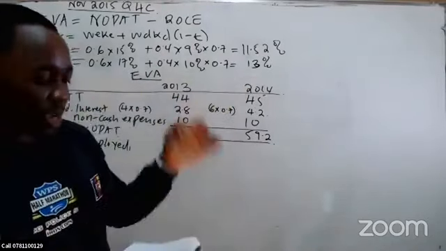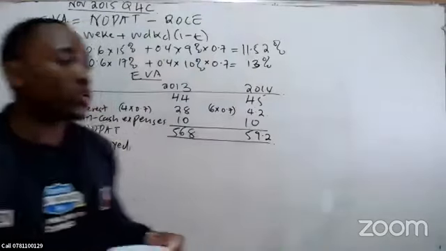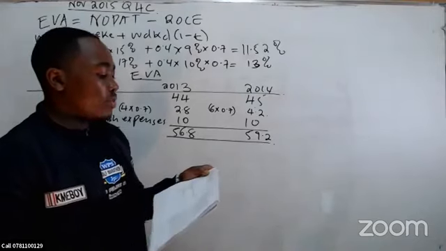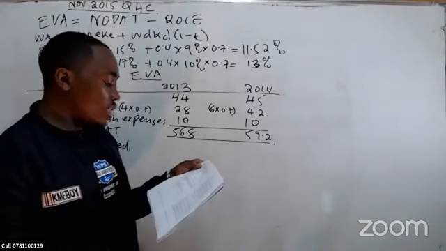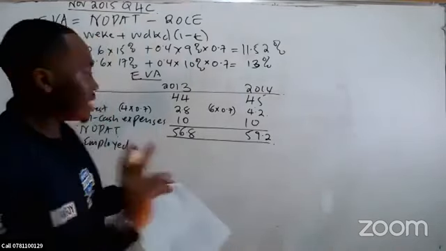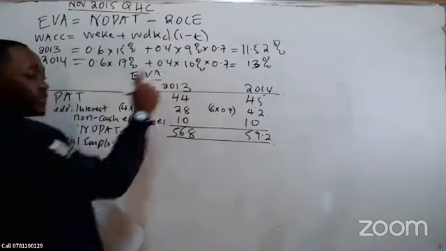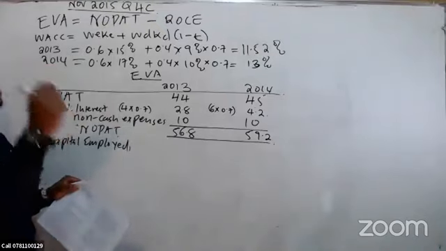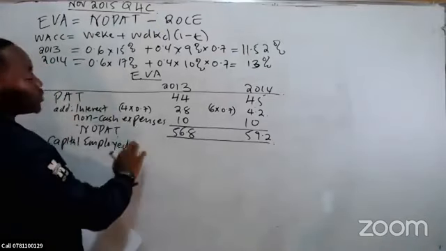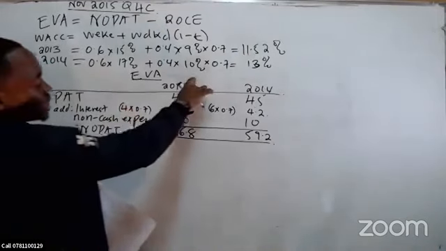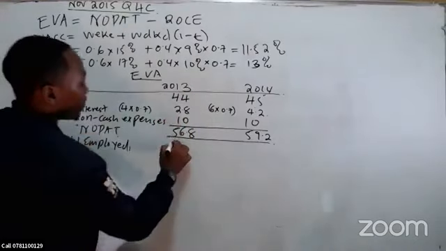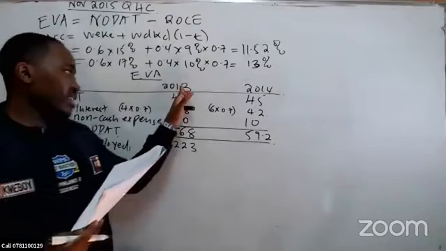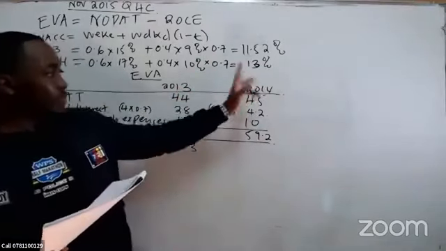So in that case, let's go back to additional information, note number 2. The capital employed as per the year 2012 financial statement was 223. So for 2013, I repeat again, you use the capital employed for 2012, because the closing capital employed for 2012 becomes the opening for 2013. Then the capital for 2013 becomes the capital employed at the beginning of 2014.